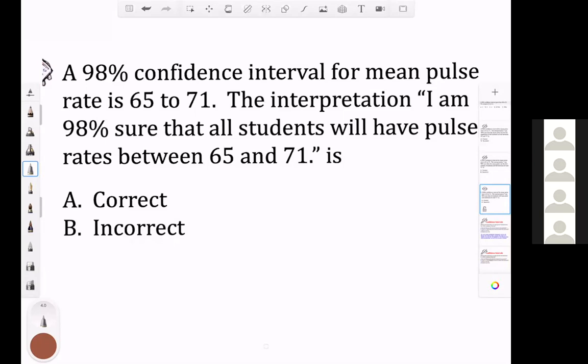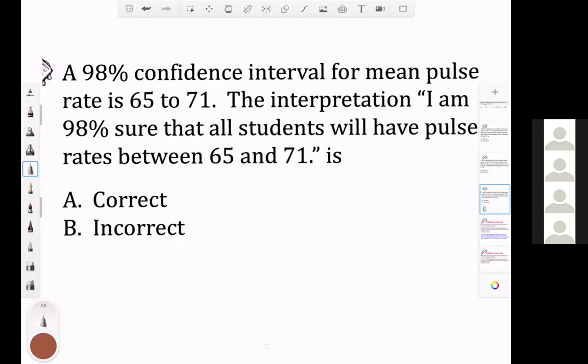What is that, A or B? It will be A. A? A. Who said no? I think it's... A is not correct.